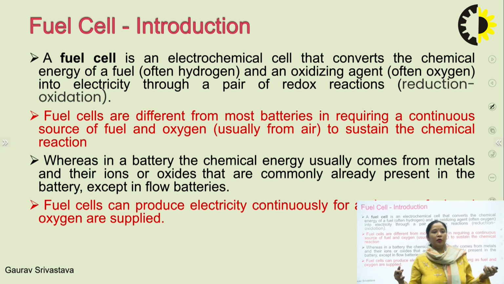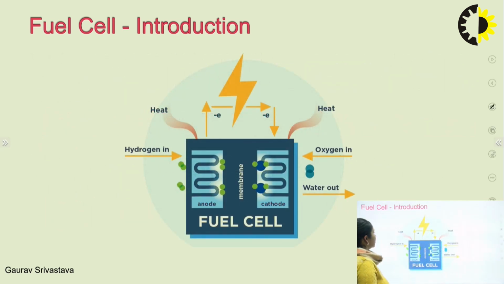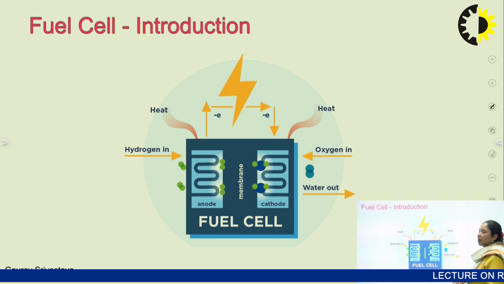So if there is hydrogen in the atmosphere and oxygen in the atmosphere, fuel cells continuously produce energy. This is a typical example of a fuel cell. You can see the anode and cathode, hydrogen in and oxygen in, and there is a reaction, and since it is hydrogen and oxygen, water is formed as a residual.